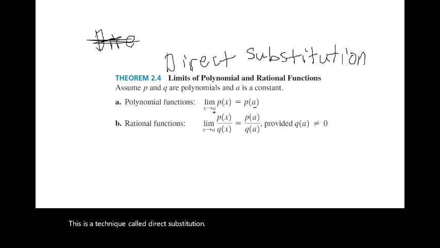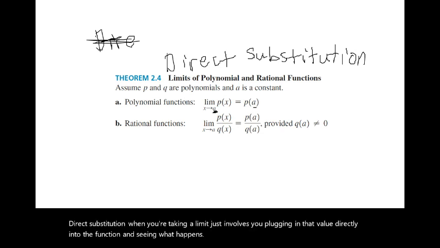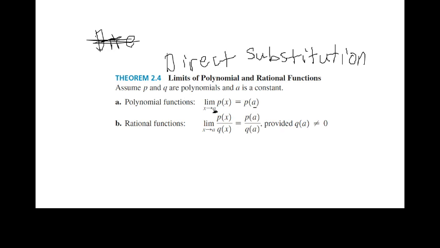Direct substitution, when you're taking a limit, just involves plugging that value directly into the function and seeing what happens. In the case of polynomials, because they are always smooth, unbroken curves, the function's limit will always equal the function's value. So anytime you have a polynomial, all you have to do is direct substitution, and that will be your limit every single time.